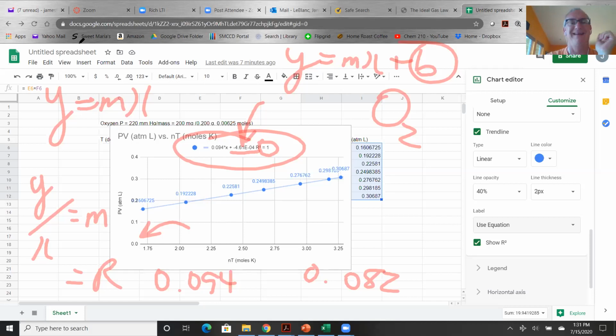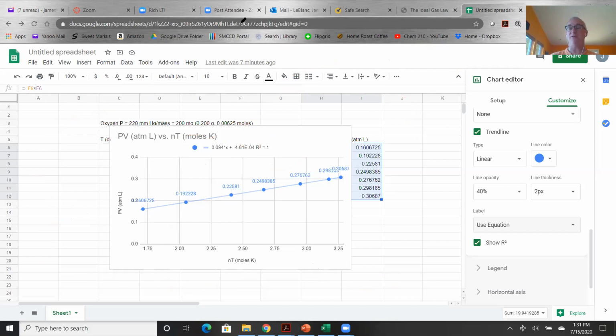Yep. That's the spirit. So we can either do oxygen again and see if we get the same slope, or we can try a different gas. Can we try a different gas? Sure, do a different gas.